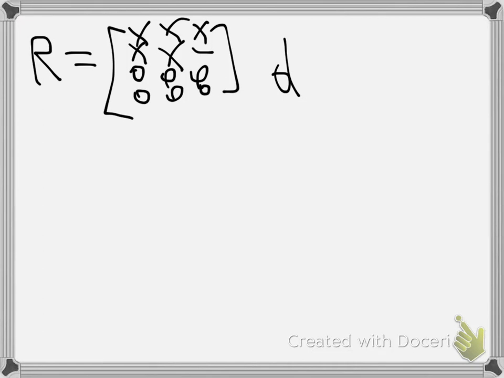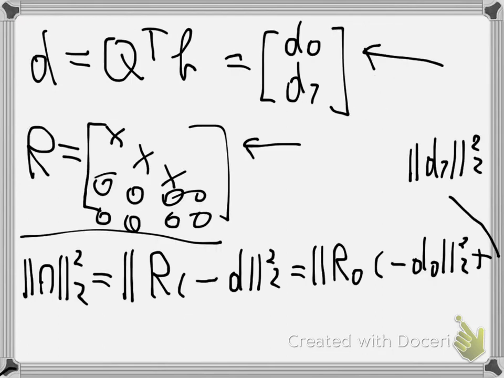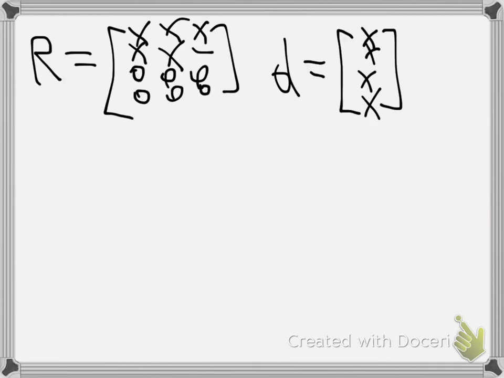Your vector D has the same number of rows. Here, your vector D doesn't necessarily have rows with only zeros. But as I said, these rows don't really help us, so we will cut them. We will remove them basically.